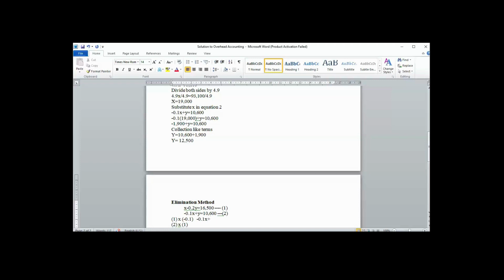Put plus there. 0.1 times 0.2 is 0.02, so we have plus 0.02y. Equals minus 0.1 times 16,500, which is minus 1,650.